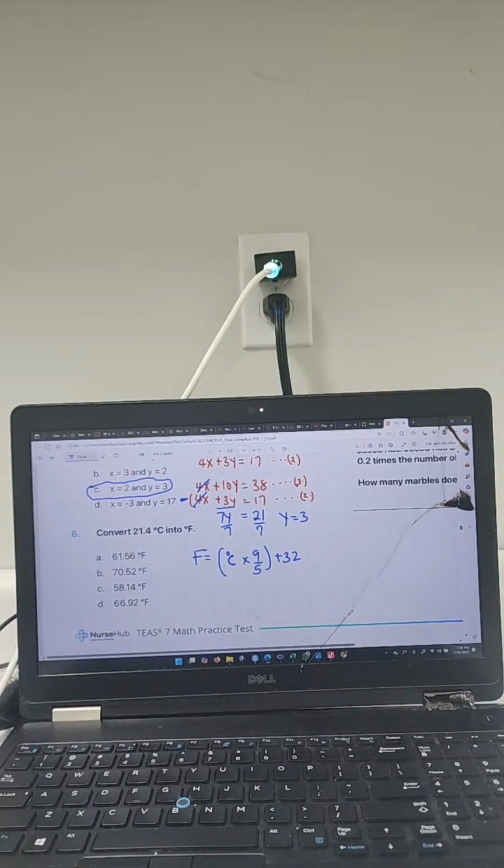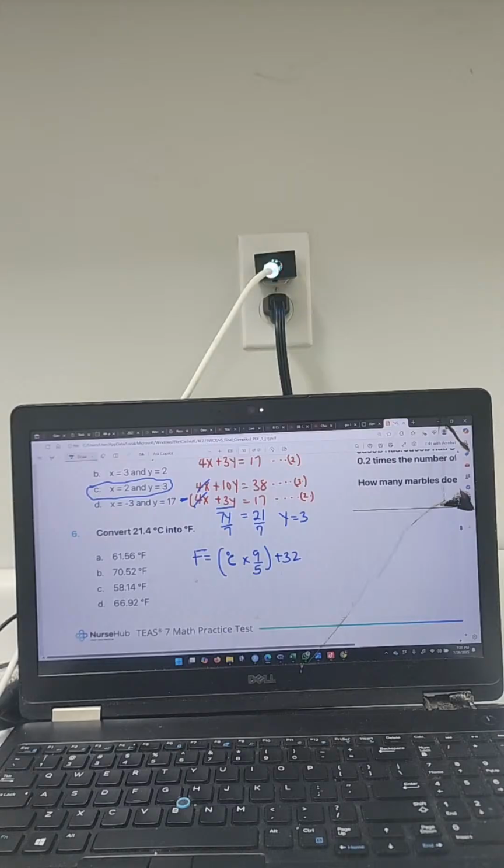So let's see what's the answer. So you just plug in degree and you can solve the parentheses. B. Okay, you got B. Okay, let me do this and let's see if we're going to get the same answer.